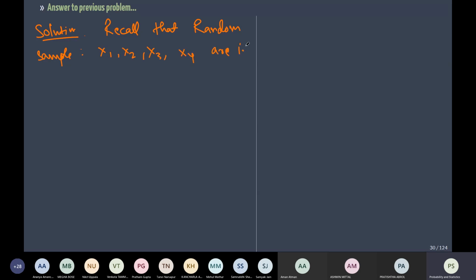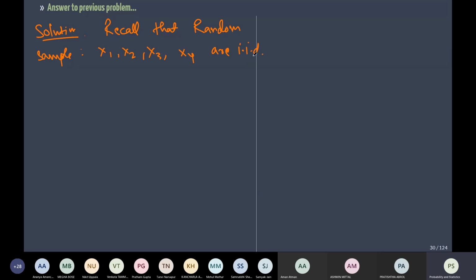Let us solve for this likelihood function. Recall that in a random sample, by definition, the random samples are X1, X2, X3, X4, which are IID.